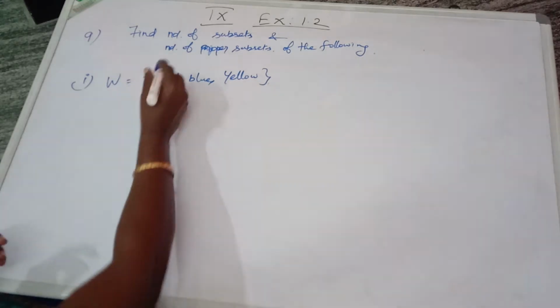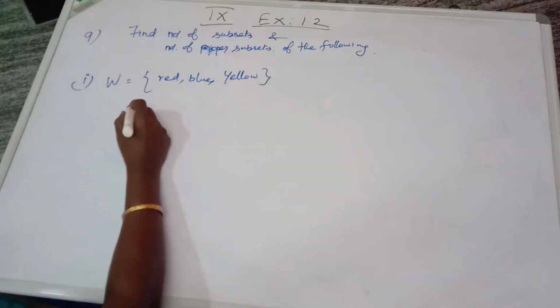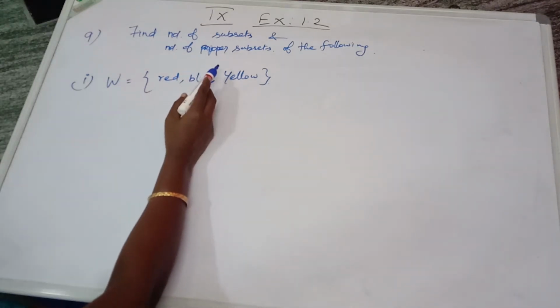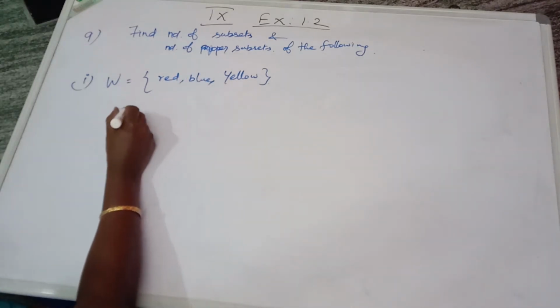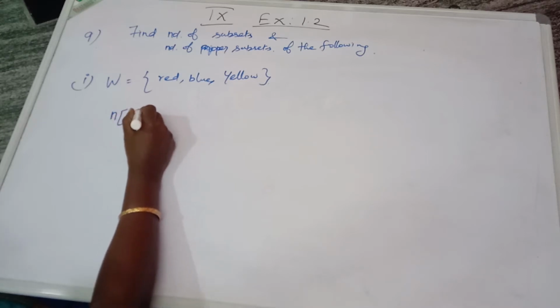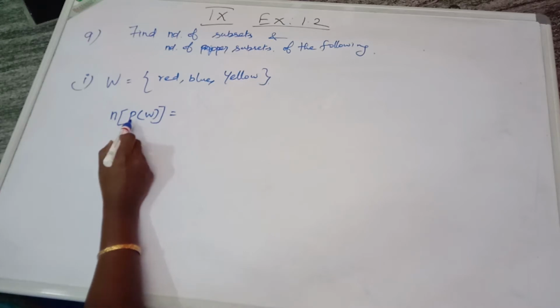So if we want to find the number of subsets, we have to find n of the power set of W, the number of elements in the power set of the set W, because power set means the set of all subsets.